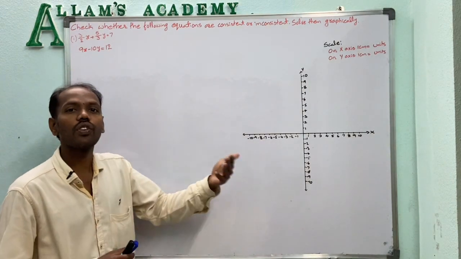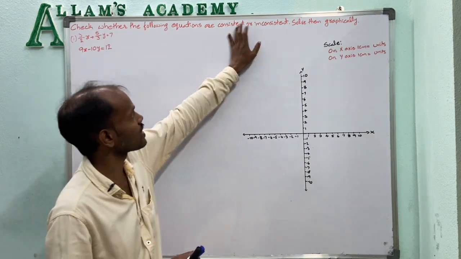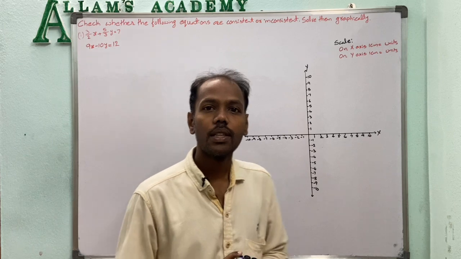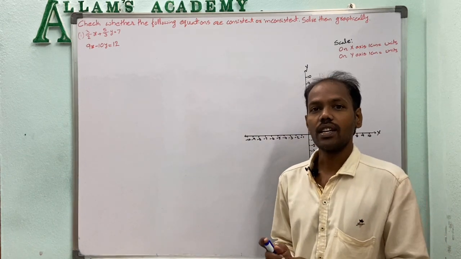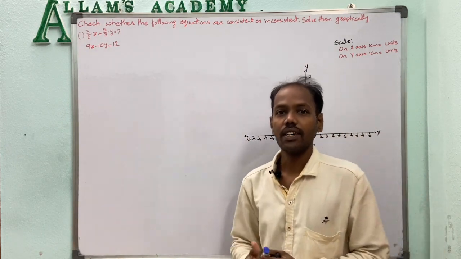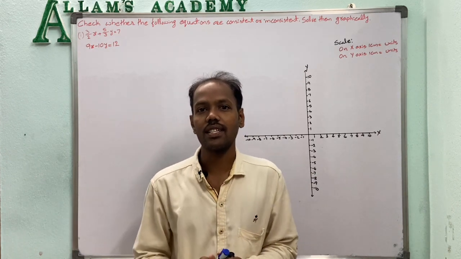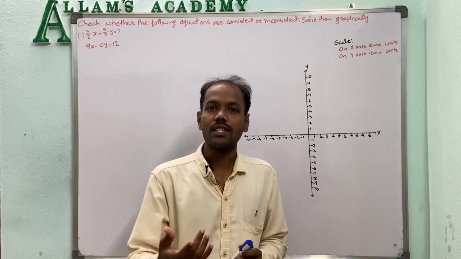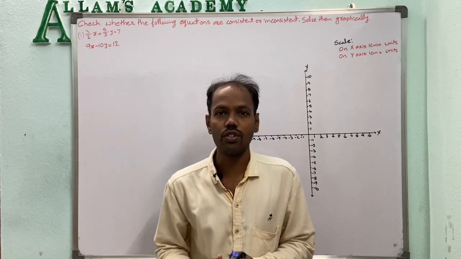Before we solve directly, we have to check first whether they are consistent or inconsistent. By drawing the graph of the given pair of linear equations we know whether they have a unique solution, infinitely many solutions or no solutions.